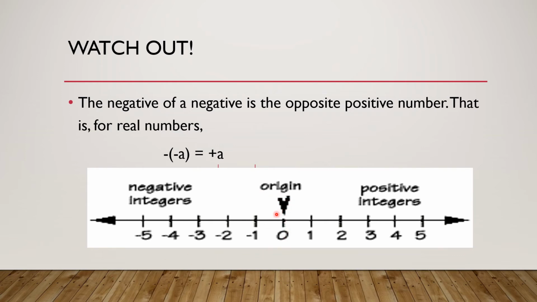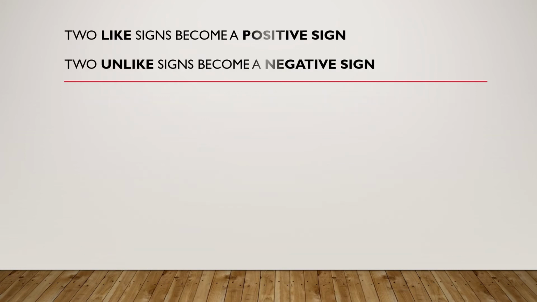From the origin, which is 0, all the numbers going to the right are positive, and from the origin going to the left, all the numbers are negative. Two like signs become positive, and 2 unlike signs become a negative sign.